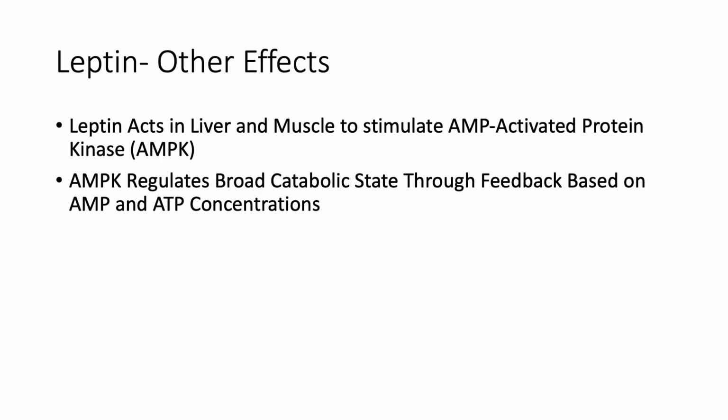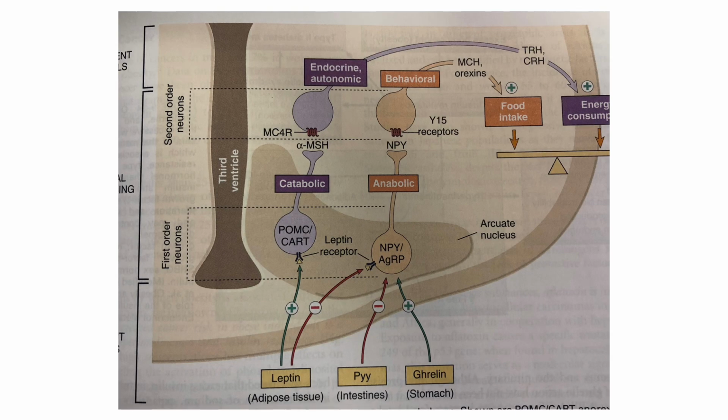Leptin acts in the liver and the muscle to stimulate AMP-activated protein kinase, AMPK, and the AMPK regulates a broad catabolic state through feedback based on AMP and ATP concentrations. And this is our final slide in the whole series, and this is the situation where you can have first-order neurons, second-order neurons, the third ventricle, the brain, and these are part of the brain, and you have feedback mechanisms.